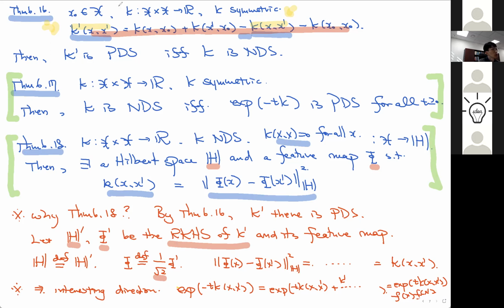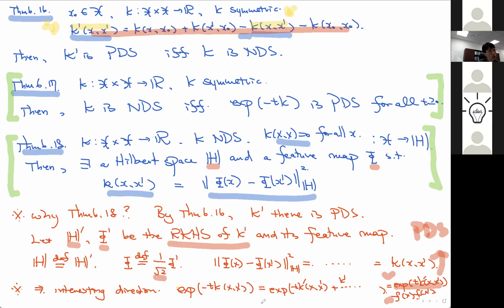So k is the original one, k prime is the new one. So one thing we know is for kernels, if you take its exponentiation, essentially because it's a power series, the exponentiation of a PDS kernel is a kernel. So this part is a kernel. And the other part, f of x and f of x prime is really an inner product. Now we are multiplying two kernels together, so that's also going to be a PDS kernel.